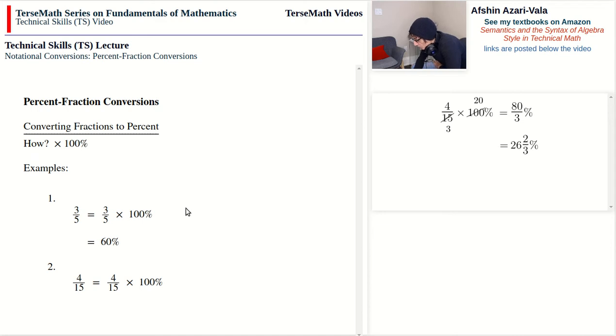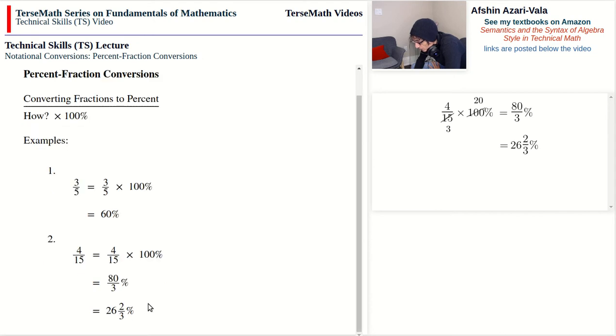You notice how much easier it is to understand how much we are talking about with the mixed notation compared to the improper fraction. This one is 26% and an additional 2/3%. Okay, so we end up with 80/3%, and then we change that to 26 2/3%.